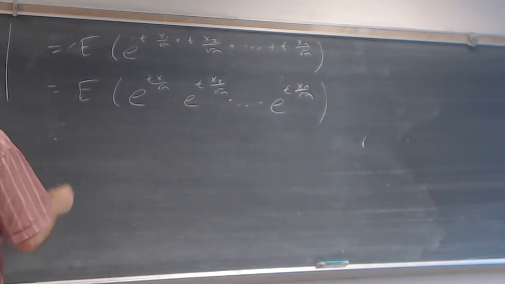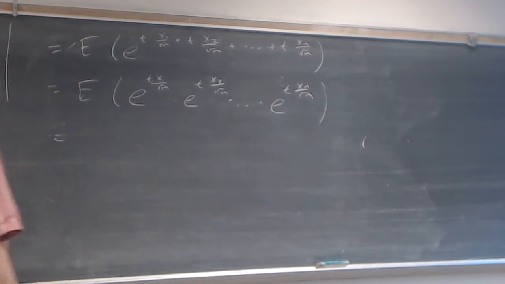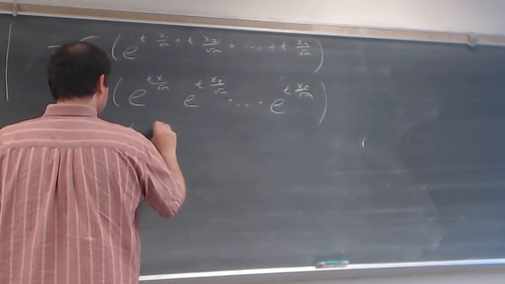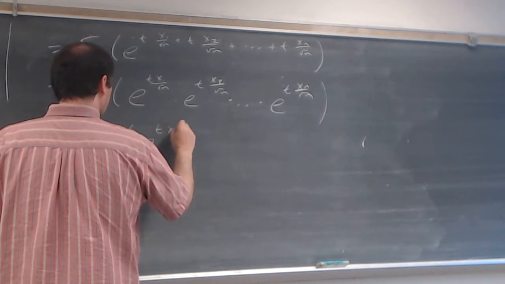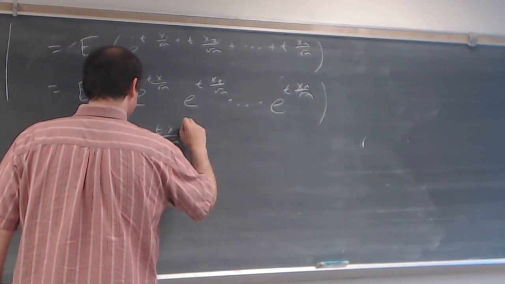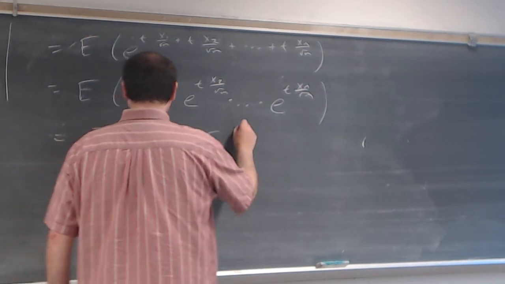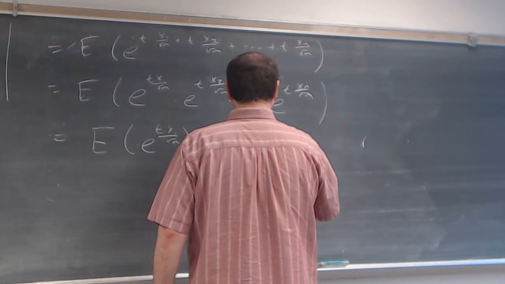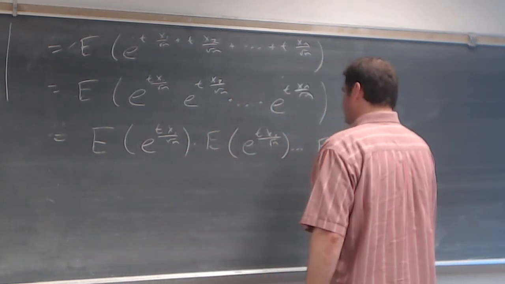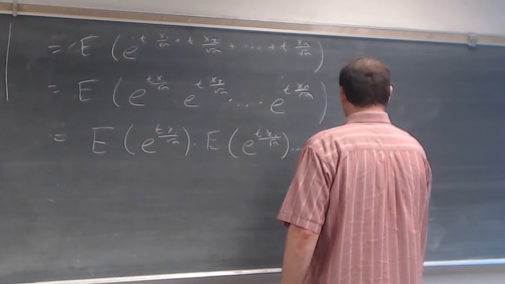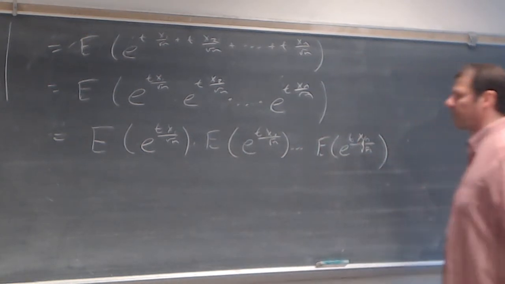And due to independence, this is going to be equal to the expected value of e to the t x sub 1 over the square root of n times the expected value of e to the t x sub 2 over the square root of n, and so forth, all the way up to the expected value of e to the t times x sub n over the square root of n.